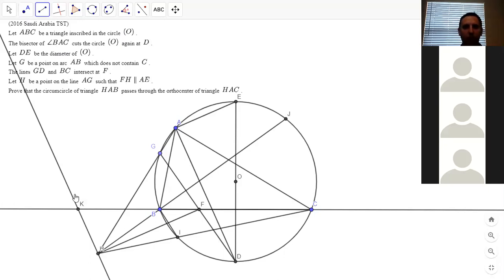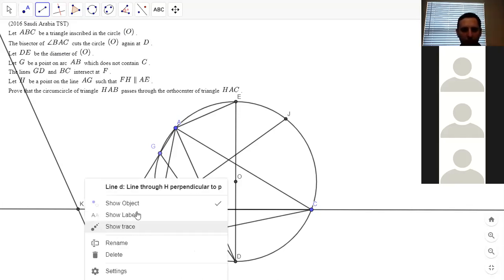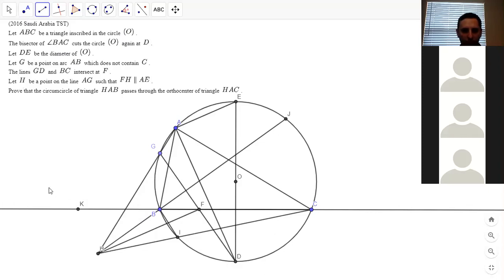But the thing is, we don't know that yet. If we could prove that, that would solve the problem. We know GK is perpendicular to GD, but we still have to prove that HK is perpendicular to HF, right?